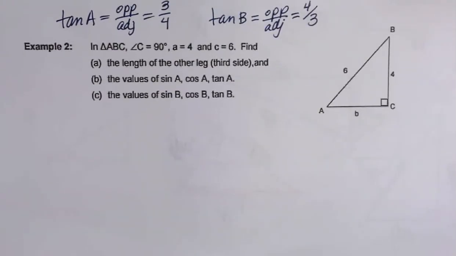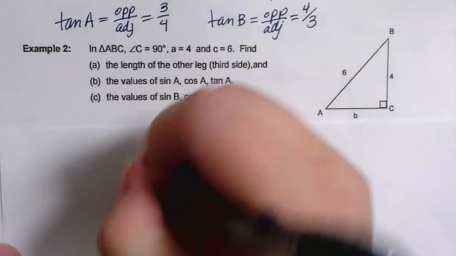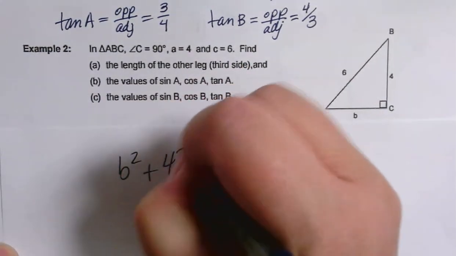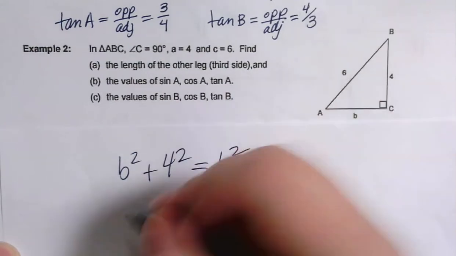In triangle ABC, C is a 90-degree angle, A is 4, C is 6. Find the length of the other leg. I'm not sure. Let's see what we get here in terms of whether we want to use exact form or decimal. But length of the other leg, Pythagorean theorem, we're calling that B. B squared plus 4 squared equals 6 squared.